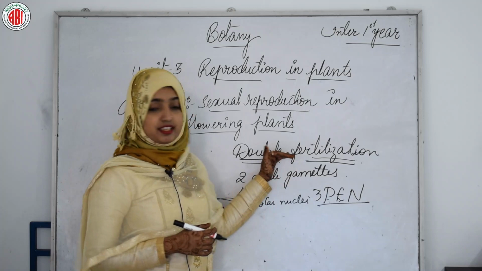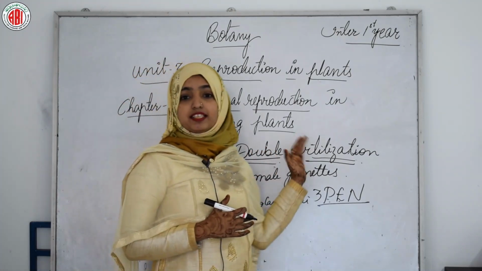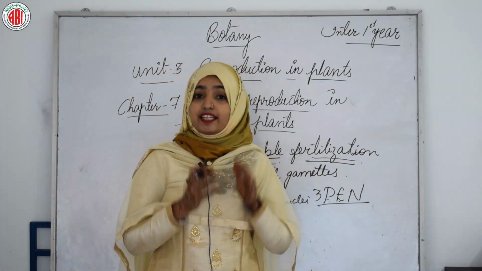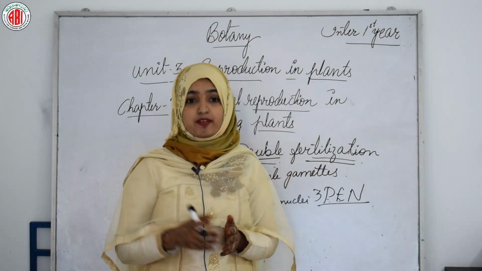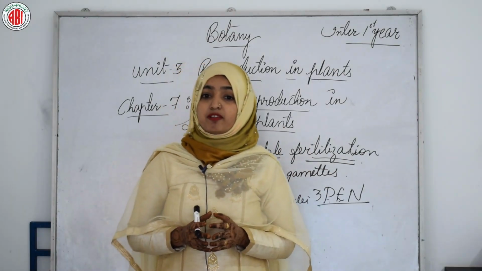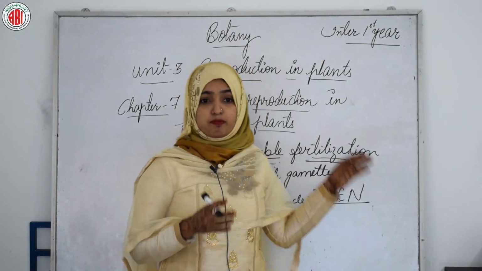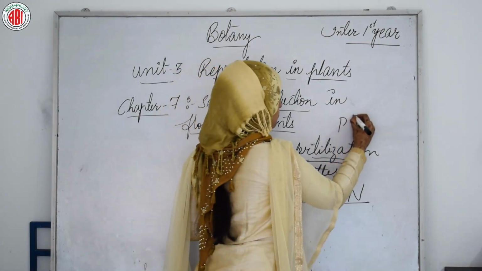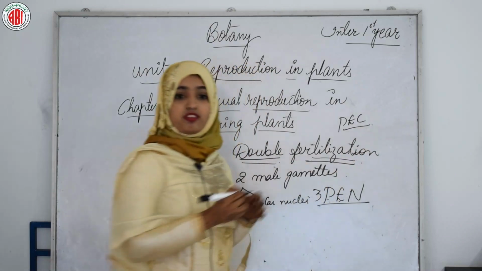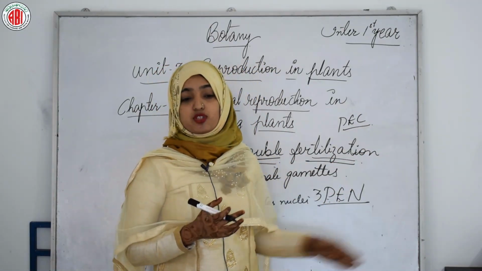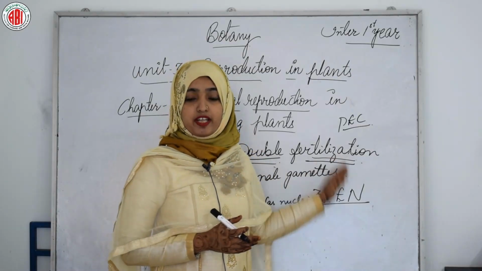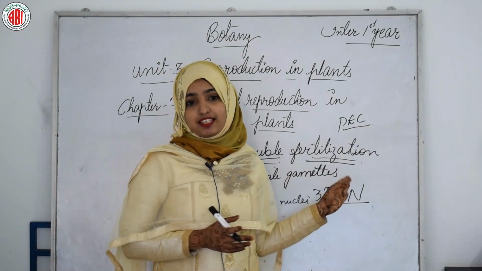That is the reason this fertilization is termed double fertilization, an event unique to the flowering plants. It cannot be seen in the non-flowering plants. The central cell after triple fusion becomes the primary endosperm cell, called PEC, and develops into the endosperm, while the zygote develops into an embryo. So that is the end of double fertilization.